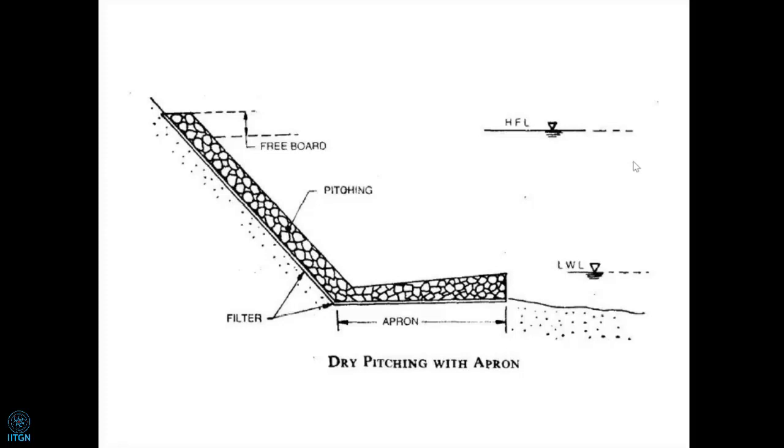Now, when you are placing it on the embankment, I always said at the starting, we can do the bank protection with a toe. The toe is important, and in the case of river or in the case of sea, it is always subjected to scour.